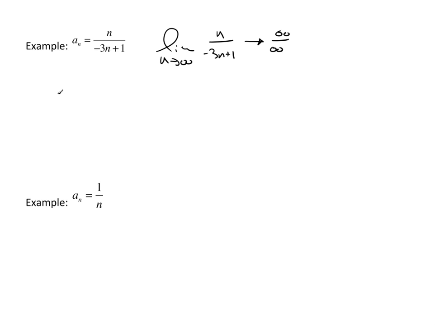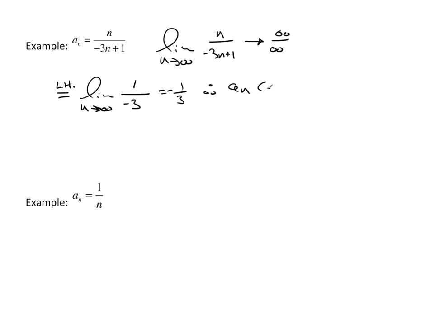So by L'Hopital's rule, this is equal to the limit as n goes to infinity of the derivative of n, which is 1, over the derivative of negative 3n plus 1, which is negative 3. So this goes to 1 over negative 3, or negative 1/3.